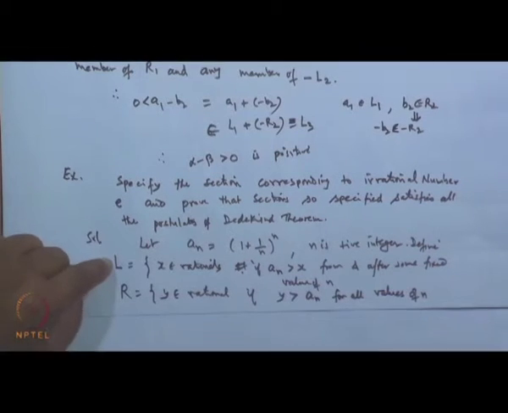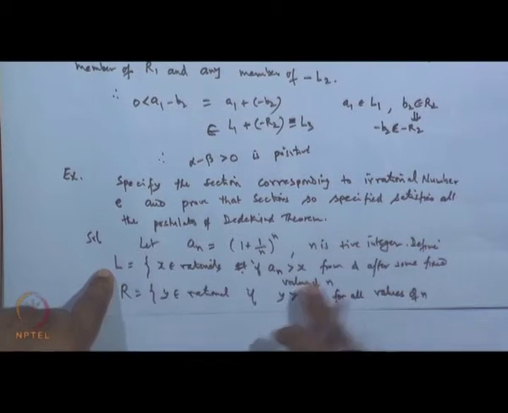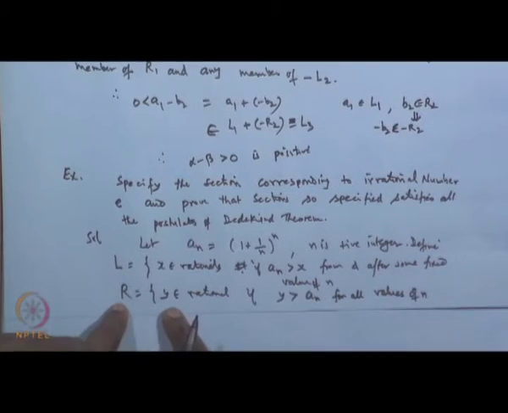So, the lower class: I am defining the rational number x as belonging to the lower class if a_n is greater than x after a certain stage, say n is at least n naught, and R is those rational numbers y that are greater than a_n for each n.